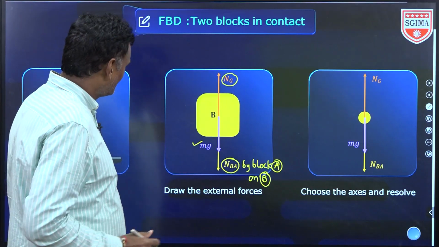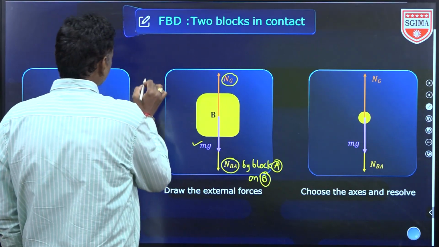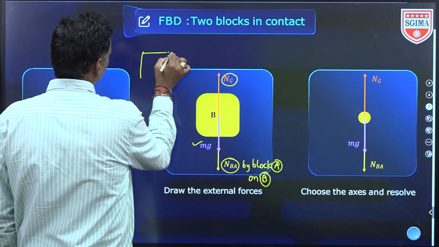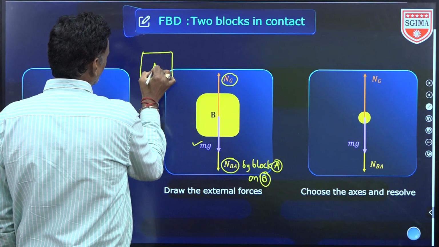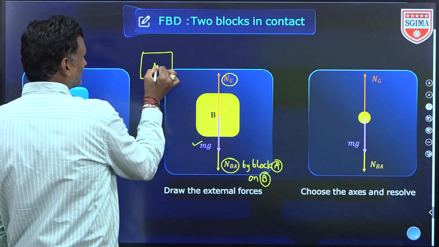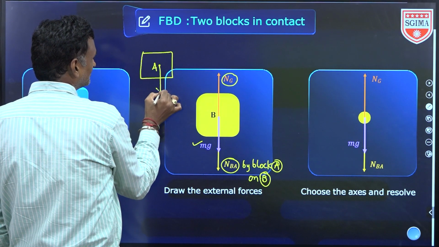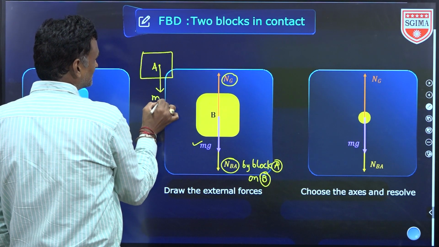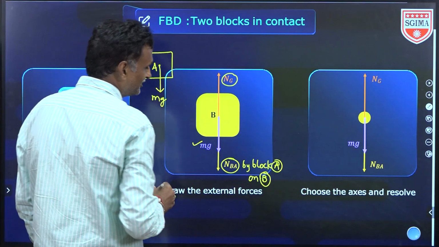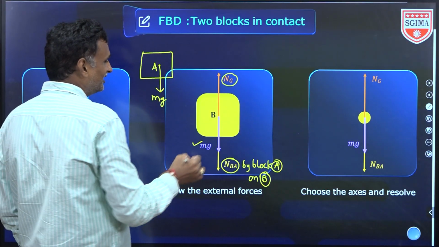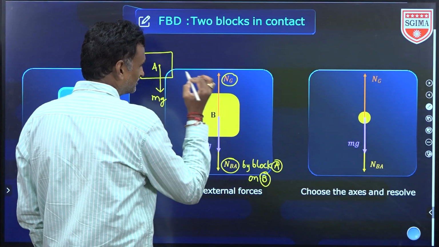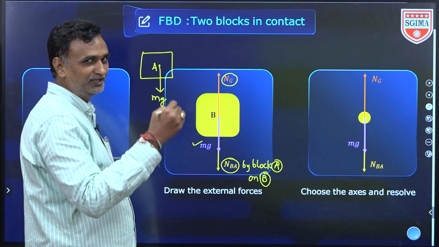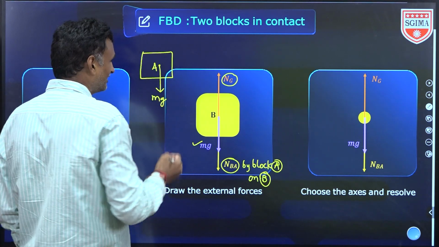Let us see for the case of block A. This is block A. So for block A, downward will be mg. Next, the normal force exerted by the block B will be acting in the vertically upward direction.